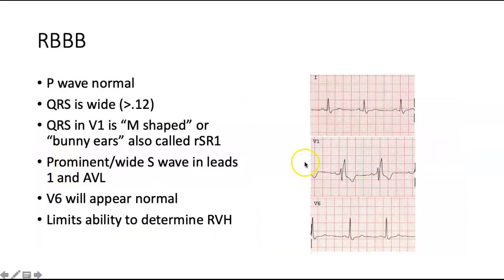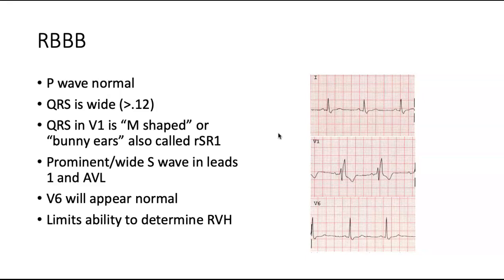In a right bundle branch block, typically there's a normal P wave. The QRS complex is wide, so greater than 3 small little boxes. Remember, each box is 0.04 seconds, so 3 tiny boxes is 0.12. So bigger than 3 tiny boxes or greater than 0.12 is considered a wide QRS.